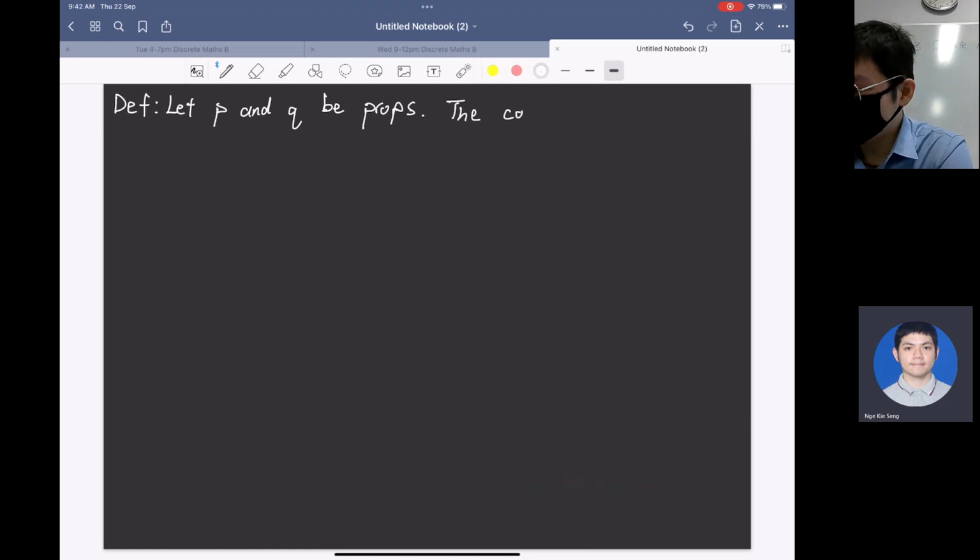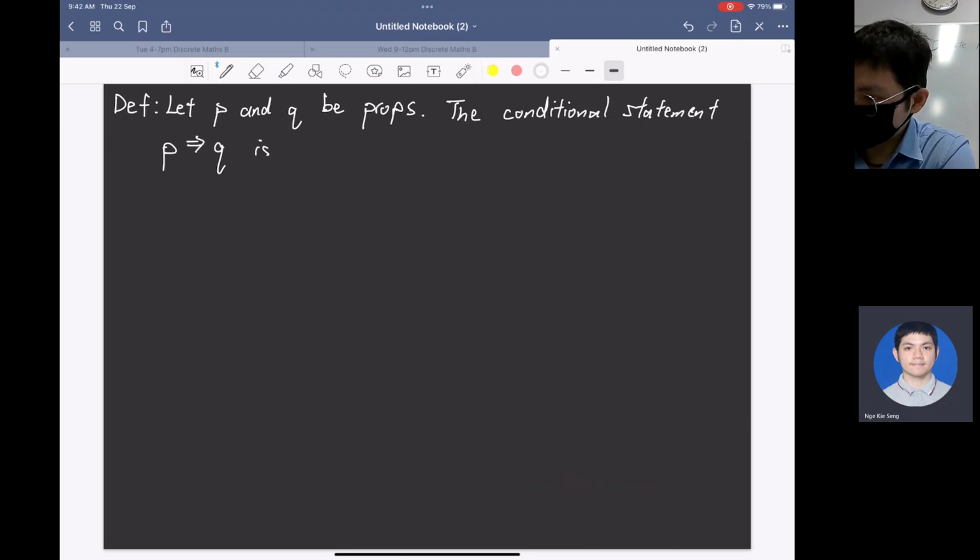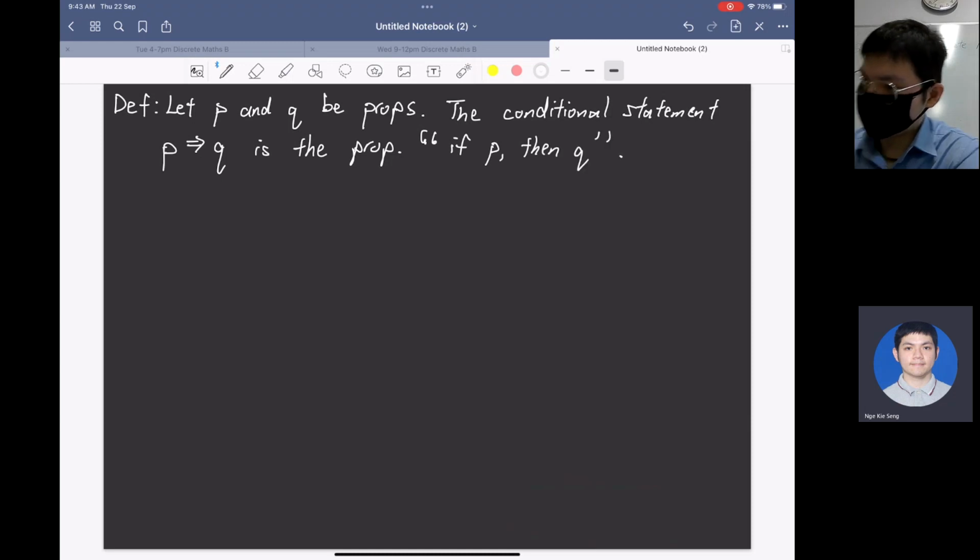The conditional statement, P implies Q, is a proposition. If P, then Q. If P happens, then Q happens. Since this is a proposition, we should be able to ask about the truth value.